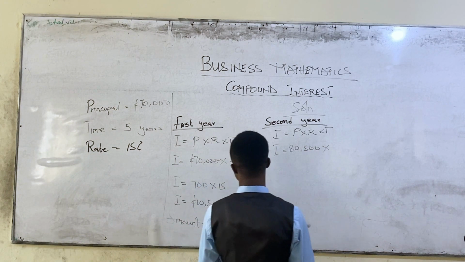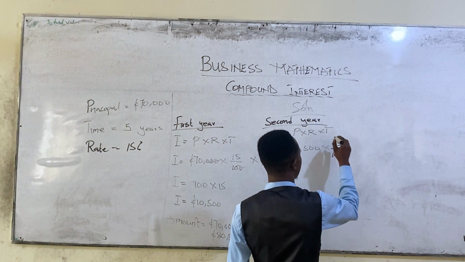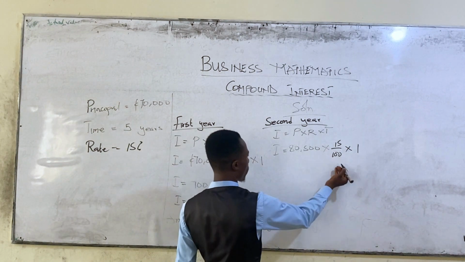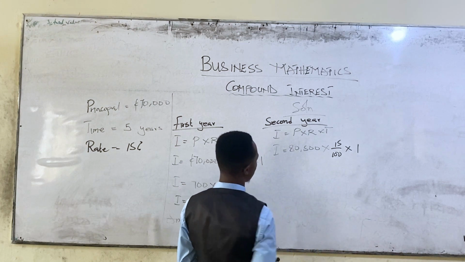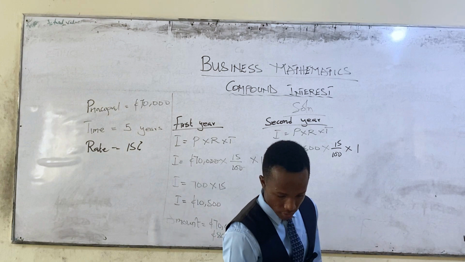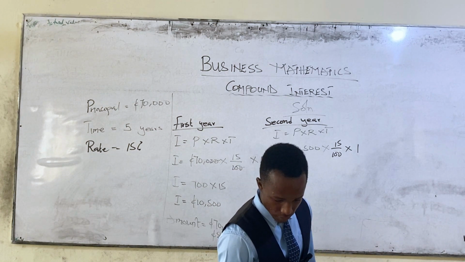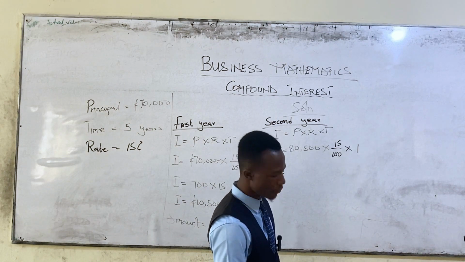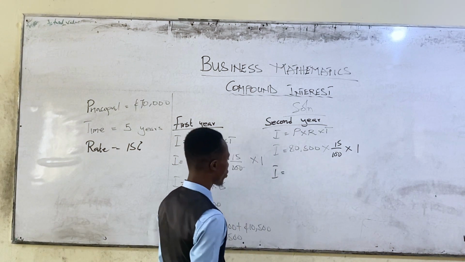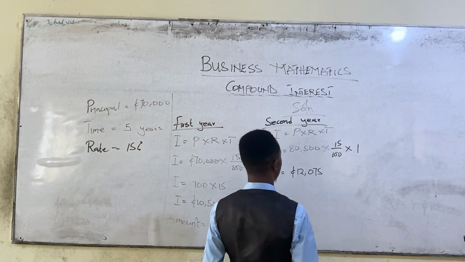Multiplying the rate, which is 15%, so 15 over 100 times 1, because we are using 1 here, you are going to get 12,075 Ghana cedis.